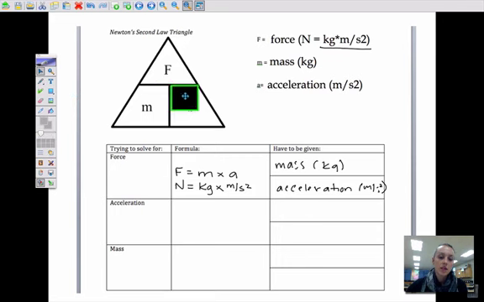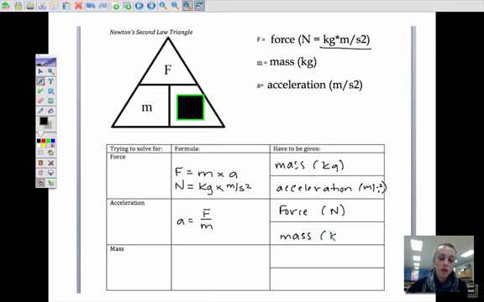If we try to solve for acceleration, we'd cover up A, and we'd be left with force over mass, so force divided by mass. We'd have to be given force in newtons and mass in kilograms. If we need to solve for mass, we'd cover up M on our formula triangle.